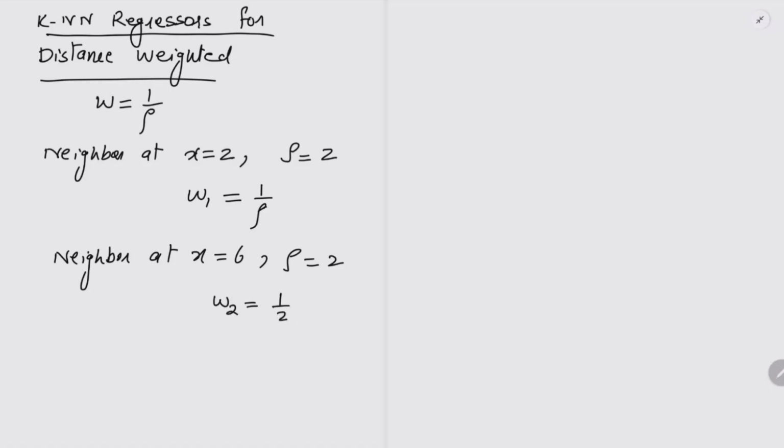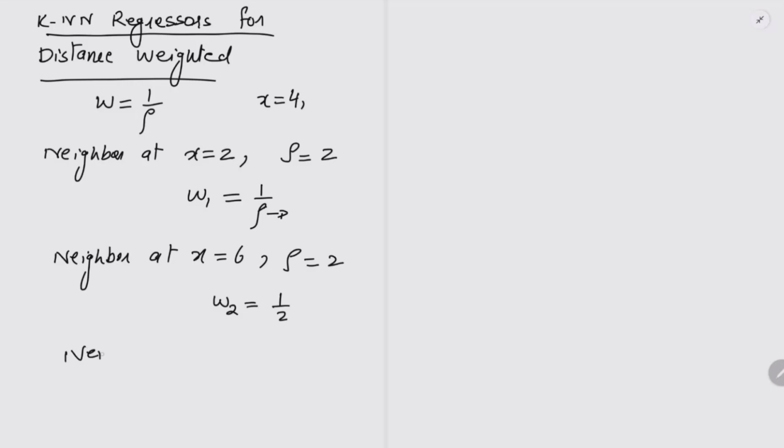The distance is a formula of the unknown point. The unknown point is x equal to 4, and the neighbors are 2, 6, 1. We need to find rho from this x equal to 4.